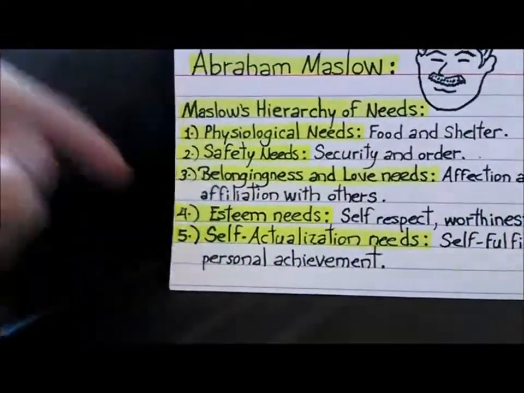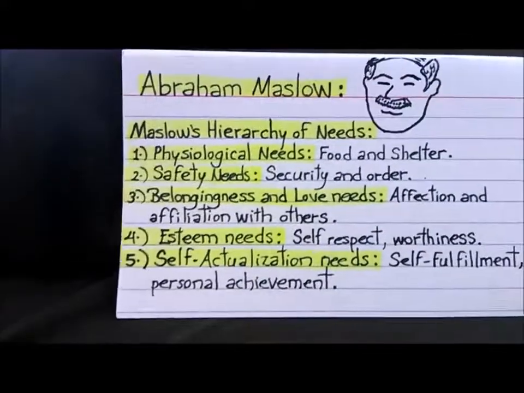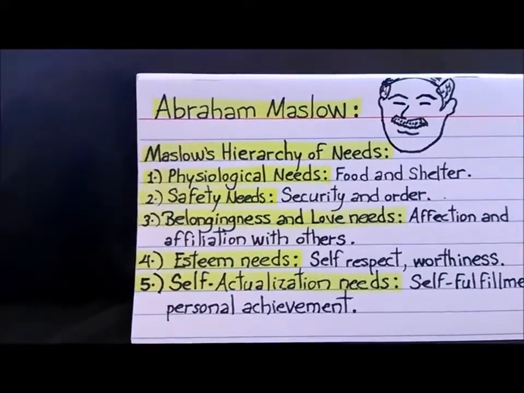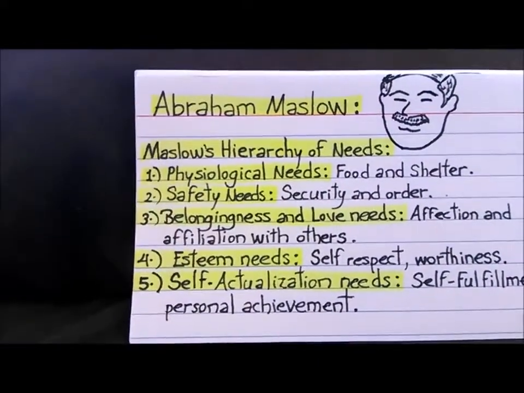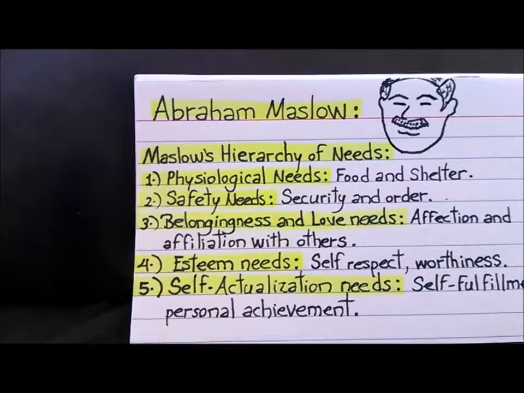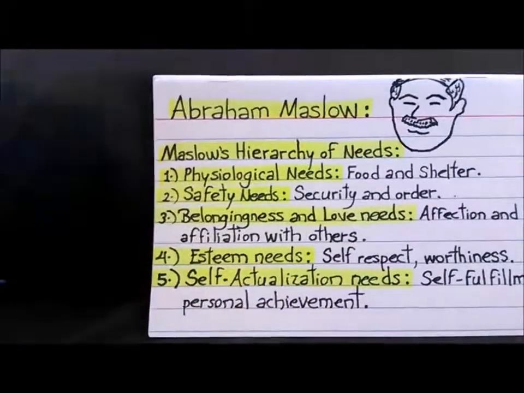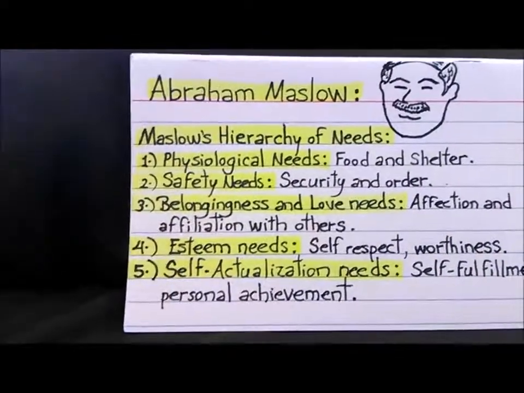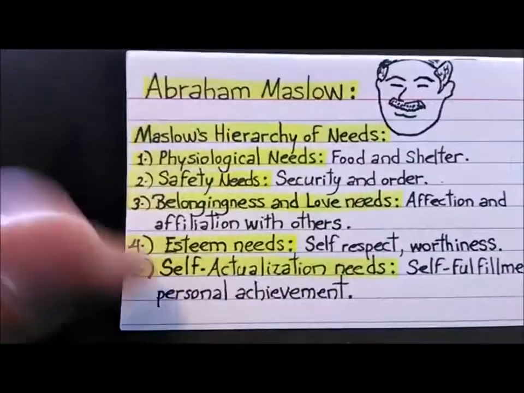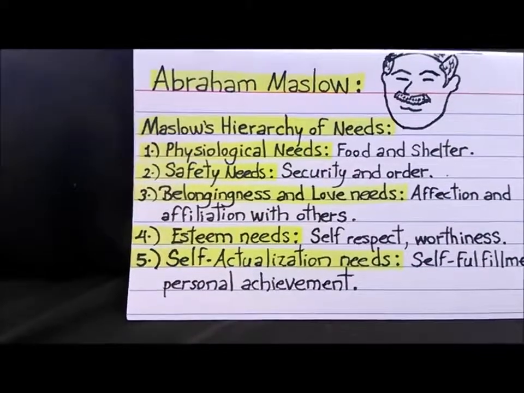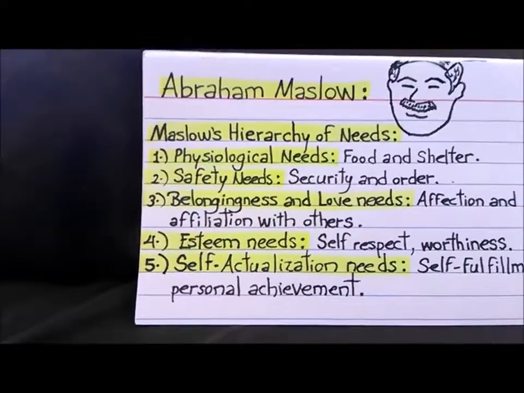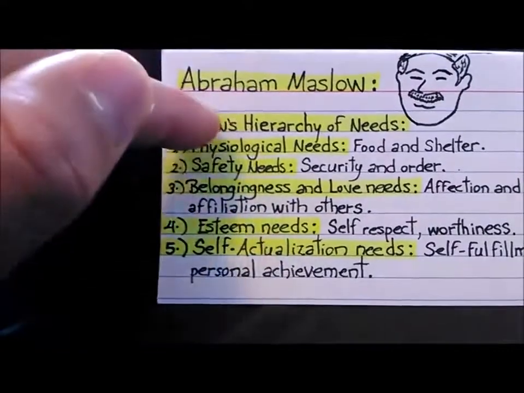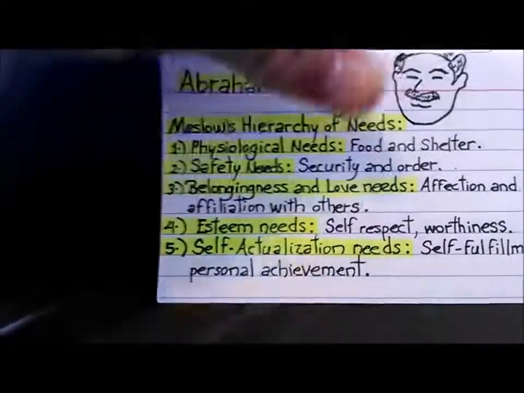So the first, physiological needs, food and shelter; safety needs, security and order; belongingness and love needs, affection and affiliation with others; esteem needs, self-respect, worthiness; self-actualization needs, self-fulfillment and personal achievement. Everybody wants to achieve that, but everything else must be met.